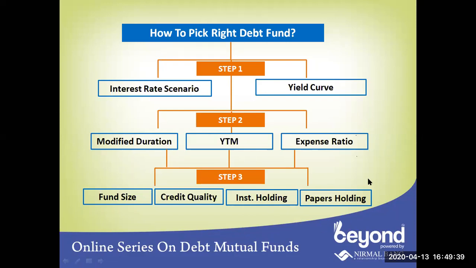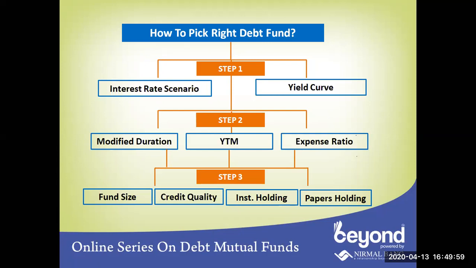For the paper holding analysis, we use a model. There is the Altman Z-score model, which is based on the balance sheet and the P&L of the companies. We run this model every quarter.